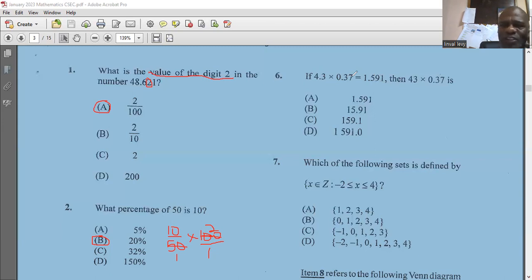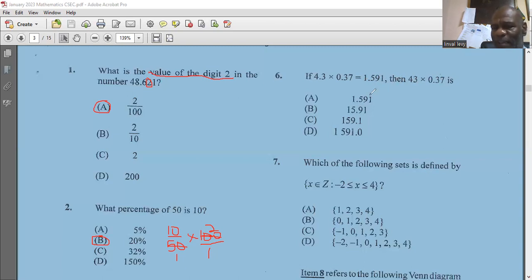So in your result, you will have 3 digits behind the decimal point. Now in this case, we have 2 digits behind our decimal point in these two numbers.